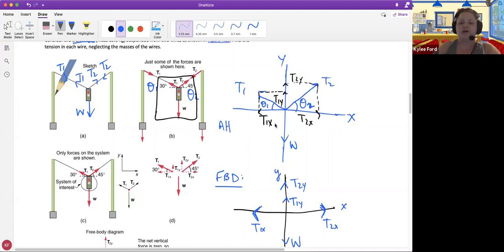So I'm going to say that's my hypotenuse. So I will use cosine for my X component here. If I look at my other one, I will get the same thing. If I want to know my X component here, my T2X, that's going to be my adjacent side here. And then I will know my T2 at some point, okay? So that's again going to be cosine.